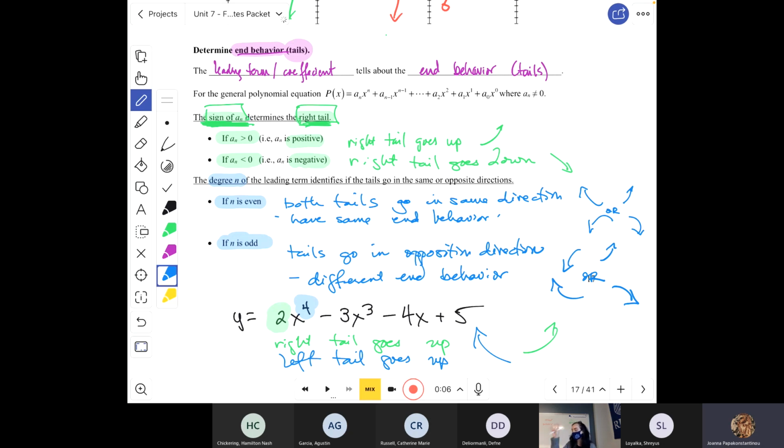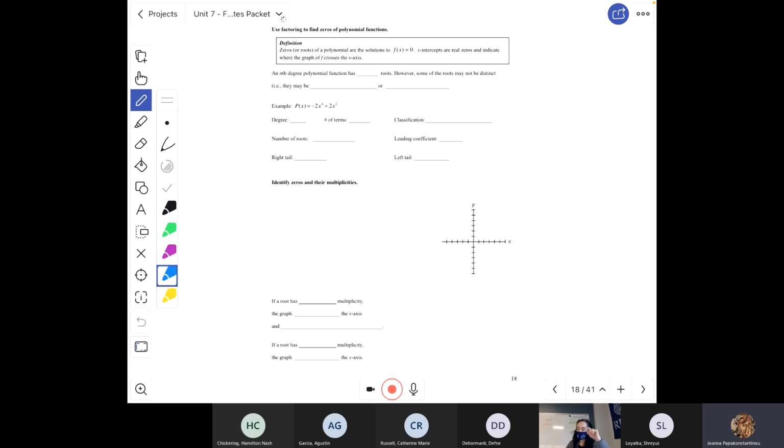But if you think back to the parent functions, power of 2, power of 3, power of 4, power of 5, remember the tails: the same, opposite, the same, opposite. That's not the same as symmetry.